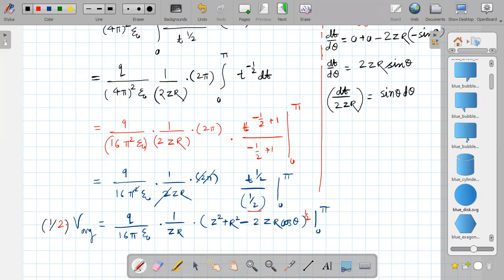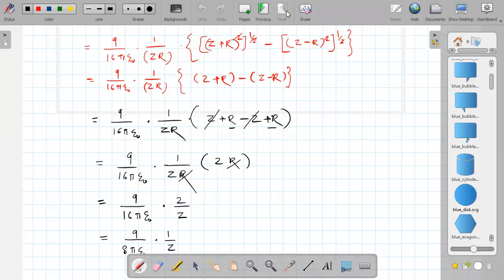Okay, and therefore we can write 1 by 2 of, that is half of V average.